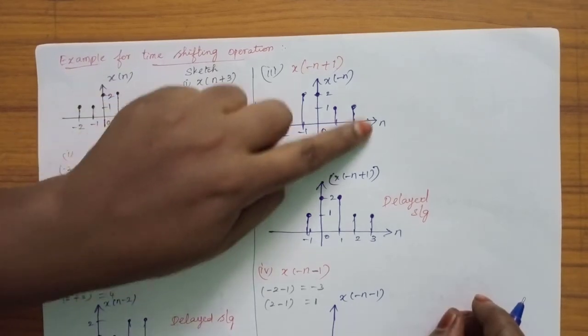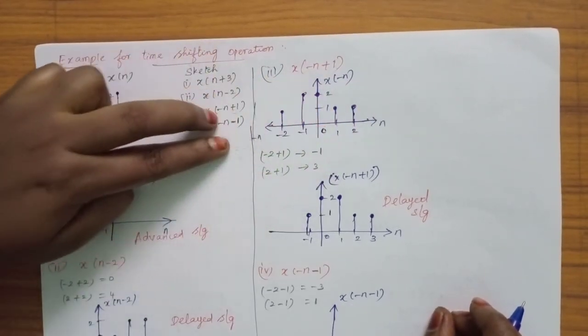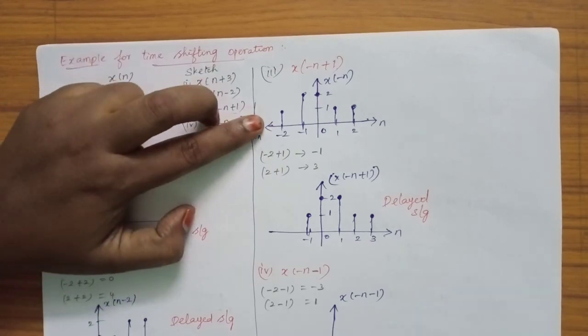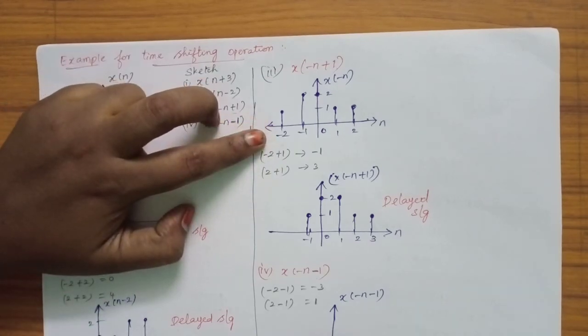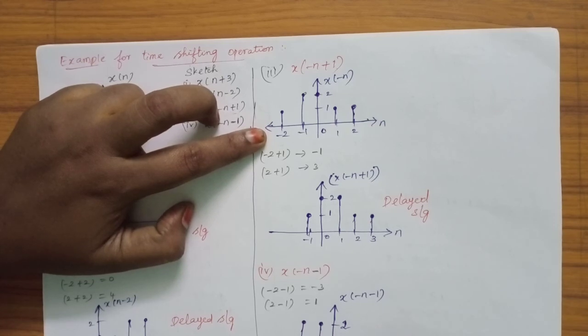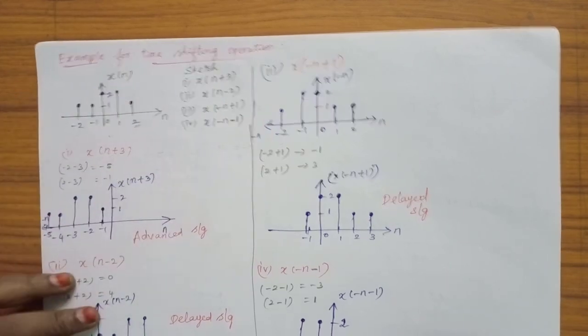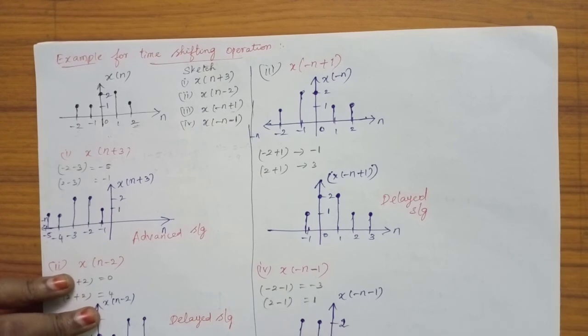The same signal I am going to drag towards the left side. So the value present at minus 2 will be moved to minus 3, and the next two values are 2 and then 1. So this is x of minus n minus 1.